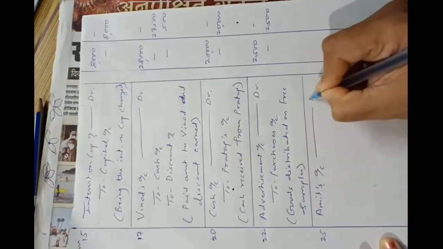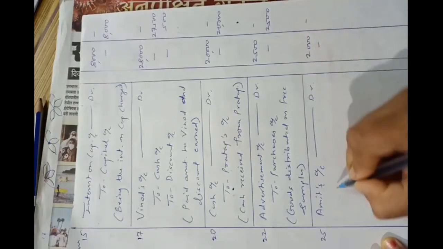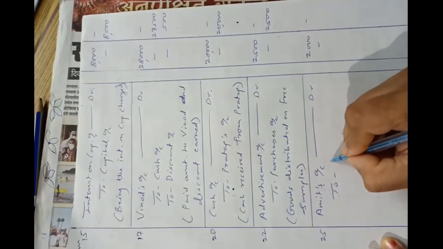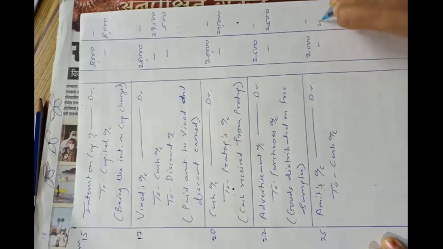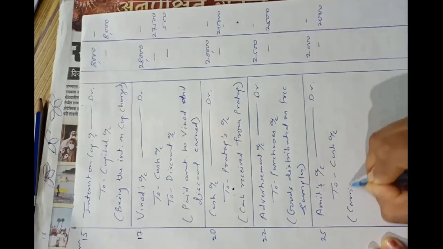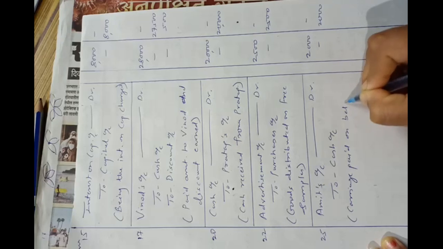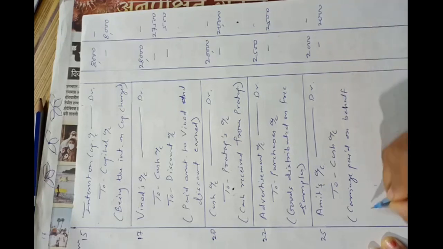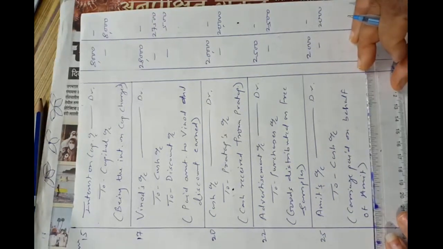Amit's account debit 2,000 to cash account 2,000. Narration, carriage paid on behalf of Amit. Okay, this will be the entry.